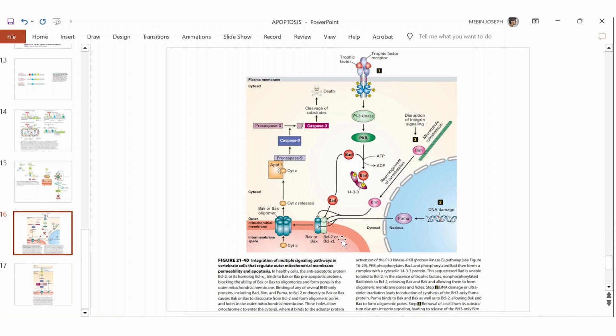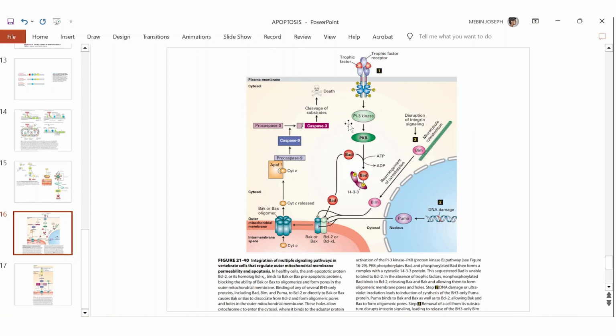Since mitochondria is the major factor involved in the apoptosis pathway, in intrinsic pathway you see the role of mitochondria. That's why intrinsic pathway is sometimes also known as the mitochondrial mediated apoptosis pathway. So this is a picture of a cell with nucleus, mitochondria, and you can see some receptors also present.